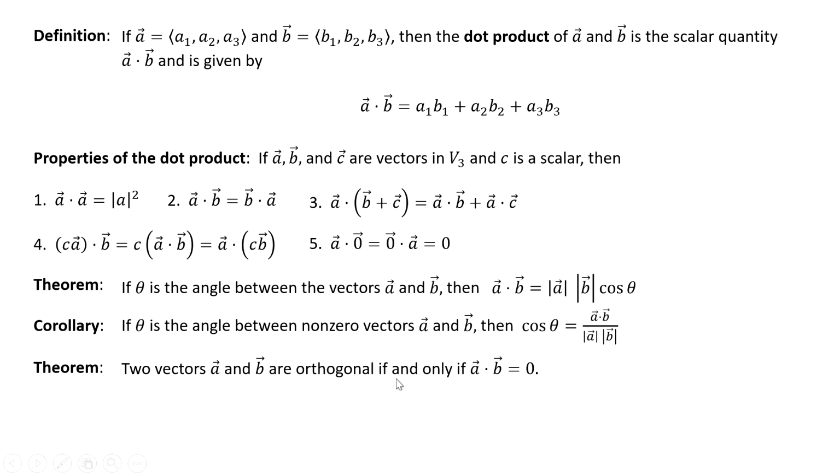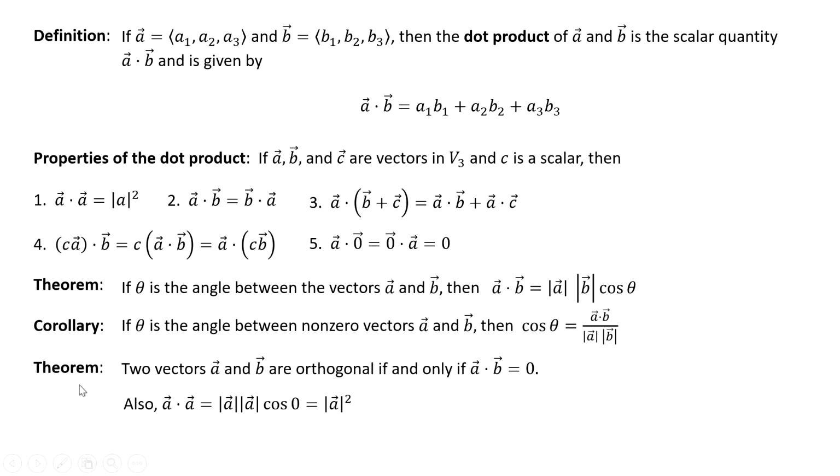In that case, where both the conditional and the converse are true, we use this if and only if. P implies Q and Q implies P can be replaced by P if and only if Q. Okay? All right. So, like I said, two vectors A and B are orthogonal if and only if A dot B equals 0, meaning if A and B are orthogonal, then their dot product is 0. If A dot B is 0, then the vectors are orthogonal. As simple as that. Cool.